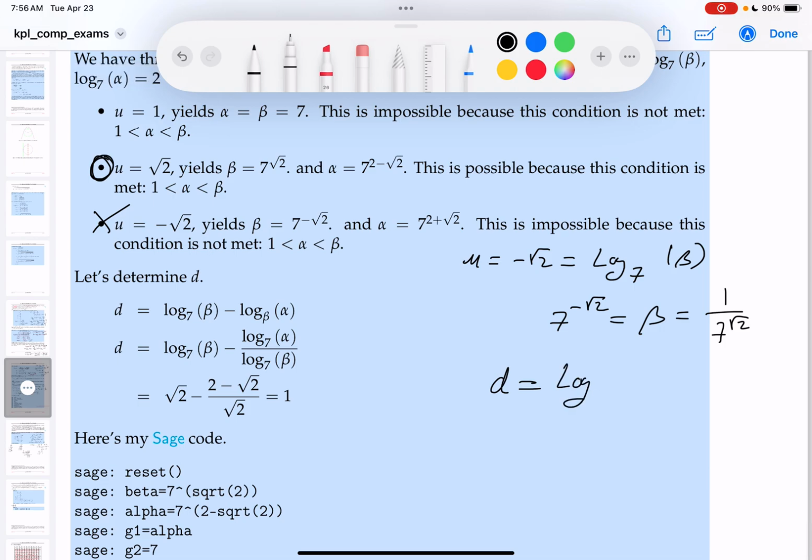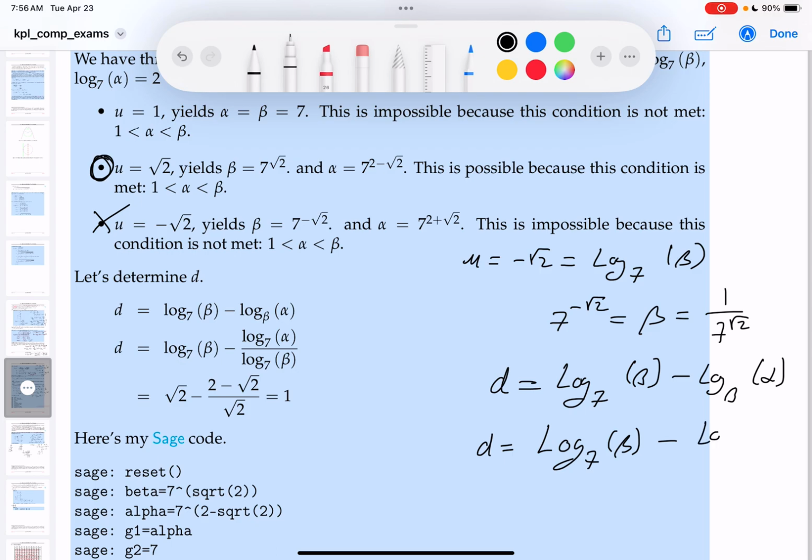So log base beta of alpha. Well, I've got to write this in base 7. That's all I know at this point.